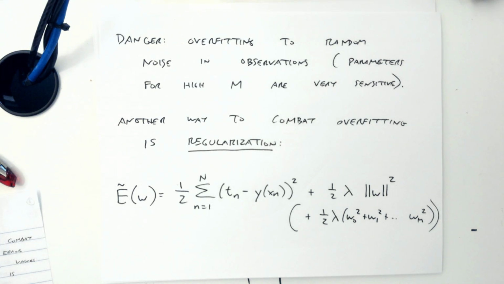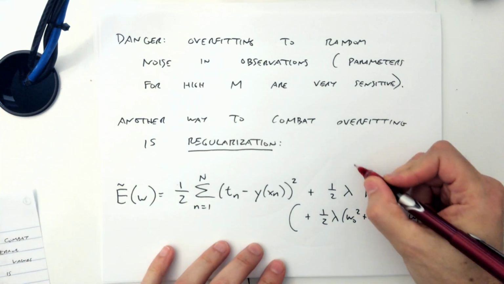Because remember that the error of the first part we were seeing on these examples was on the order of like 10 or 100 was my E function before. Now if I'm going to square all the W's and add them up, well, now those numbers are going to be huge, right? They're going to dwarf the error function itself. That's why this lambda is something that the user tunes to say, well, how important is it to me to have small values of W versus having really good error fit, right?